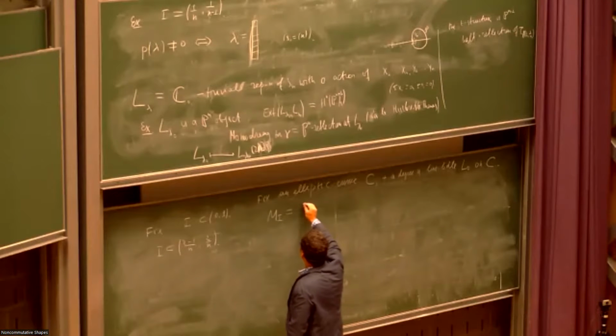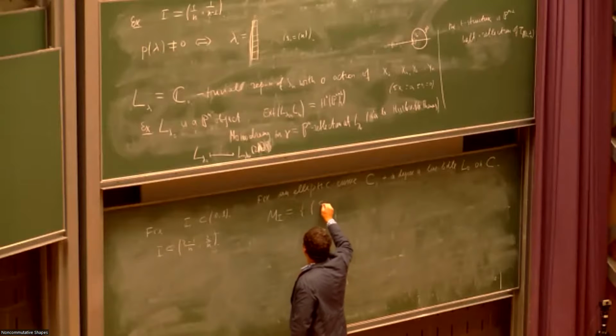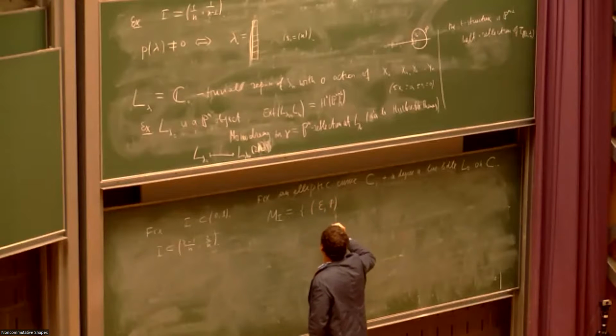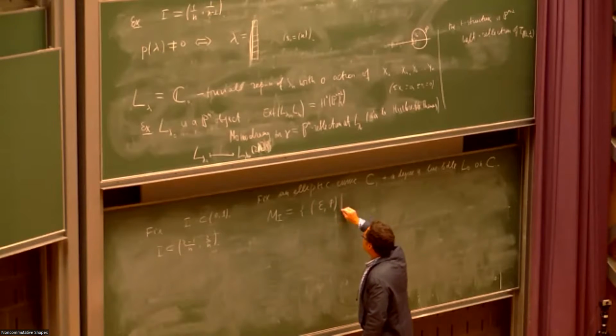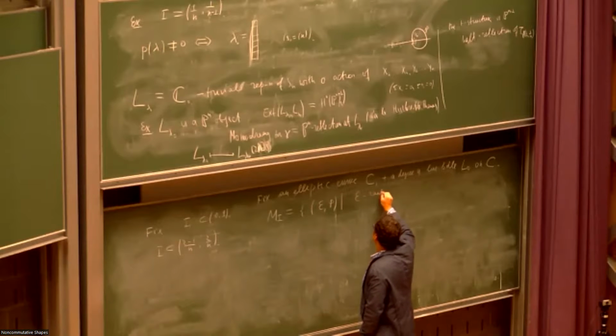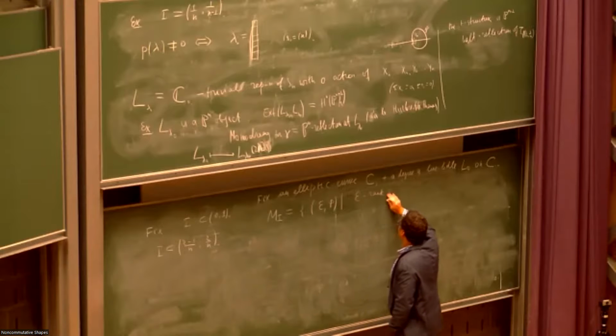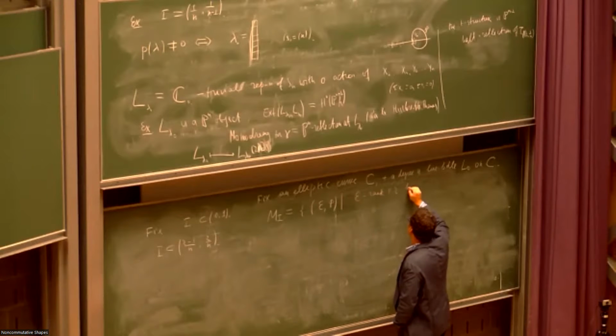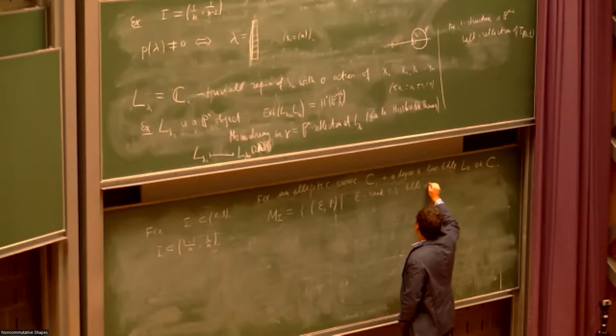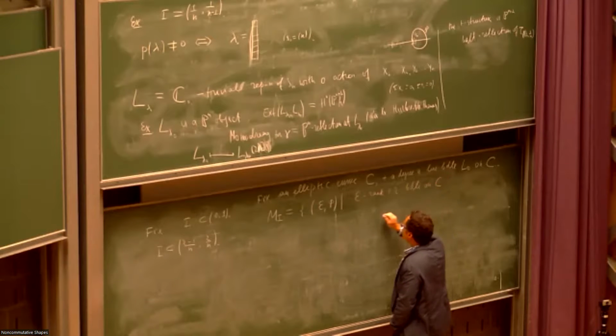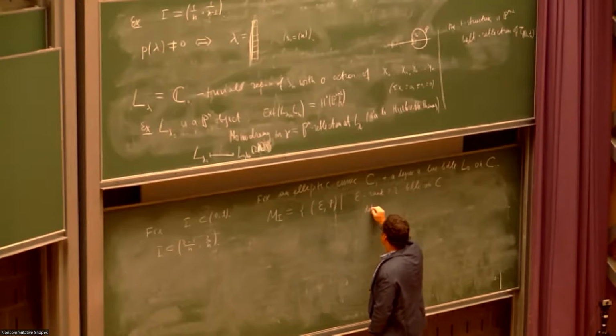And M_I will be the moduli space of pairs (E, phi), where E is a rank r vector bundle on C with determinant equal to L0.